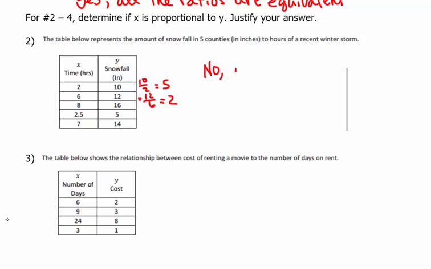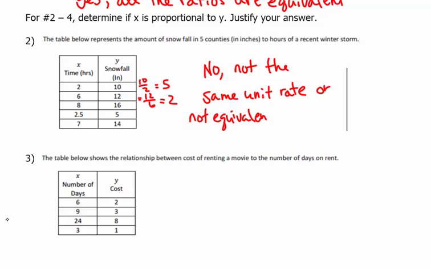So this is a no, not the same unit rate, we could say, which is what we found, 5 and 1, or not equivalent ratios.